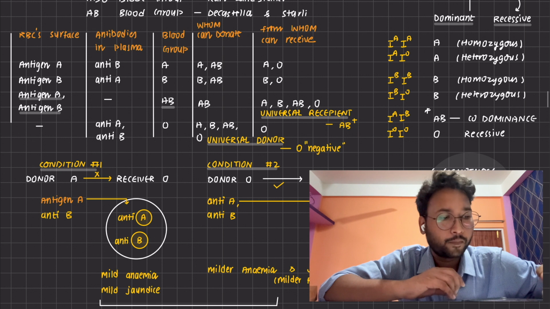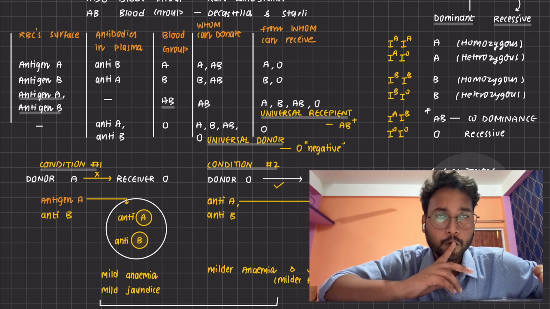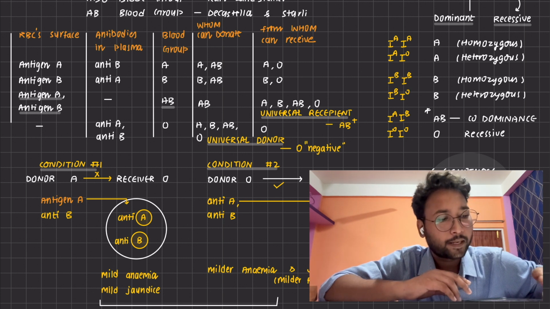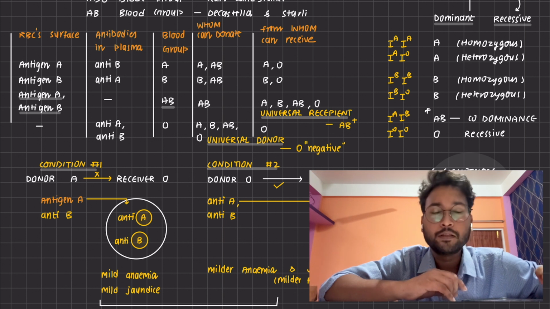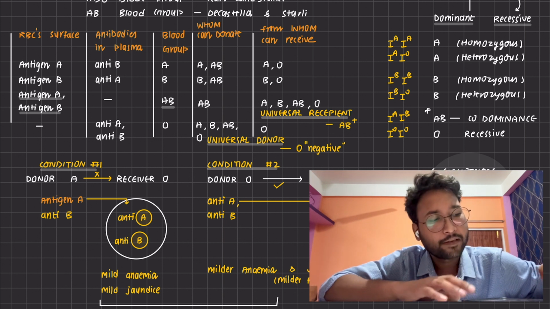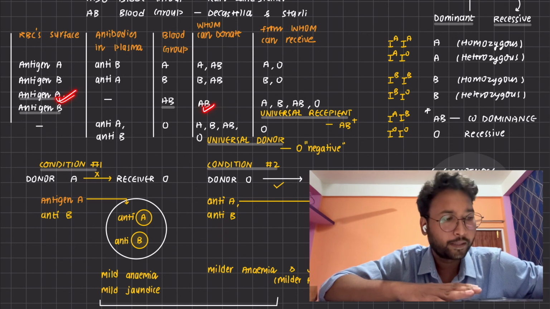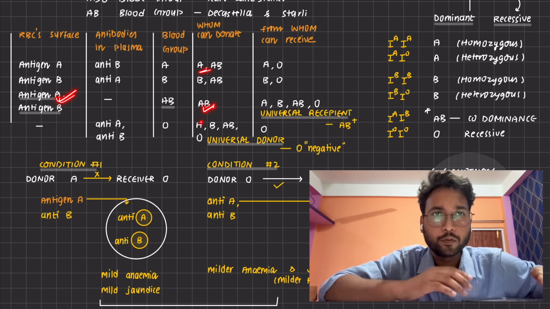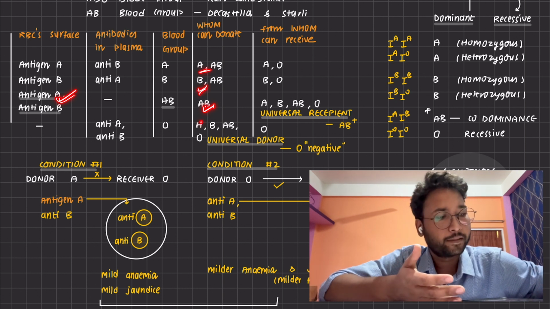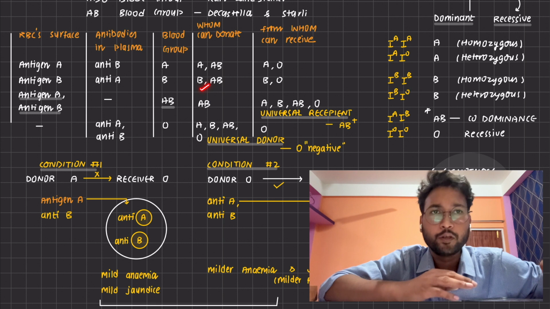AB blood group can donate its blood to AB obviously, but it can't donate to B or O. That is why we can say the patient with blood group AB can receive blood from A, B, AB, and O blood groups, but it can only donate to AB blood group. That is why AB blood group is called the universal recipient.